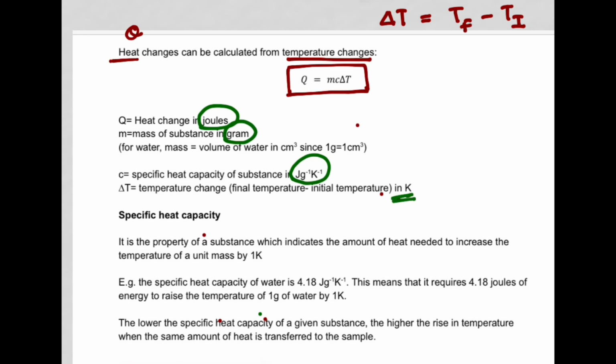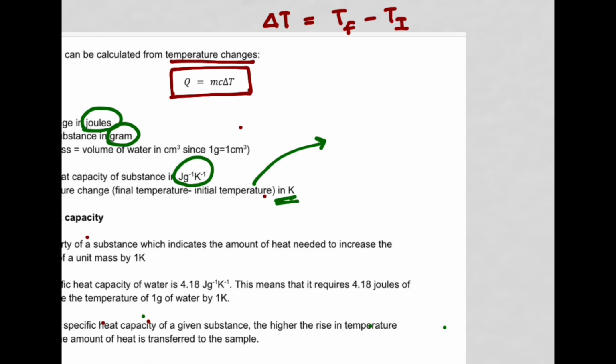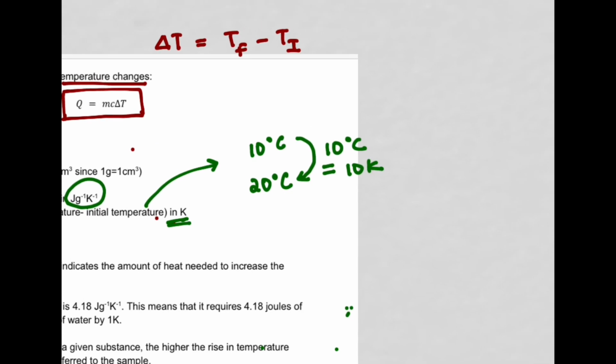Now, normally, even if temperature is given in degrees Celsius, let's say initial temperature is 10 degrees Celsius and final temperature is 20 degrees Celsius. The change in temperature here is 10 degrees Celsius. The change in temperature is also equal to 10 Kelvin, because if you convert 10 degrees Celsius into Kelvin, this will give you 283 Kelvin.